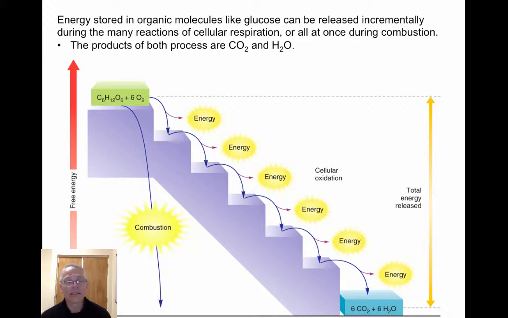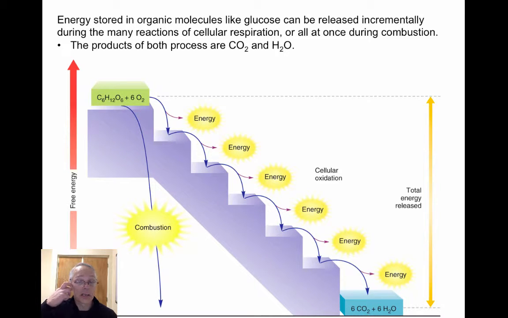And living things do that step by step in some long and sometimes complex metabolic pathways. And we wind up with CO2 and water as the end products, the waste products, and a bunch of energy is released that the organism can use to drive cellular processes.